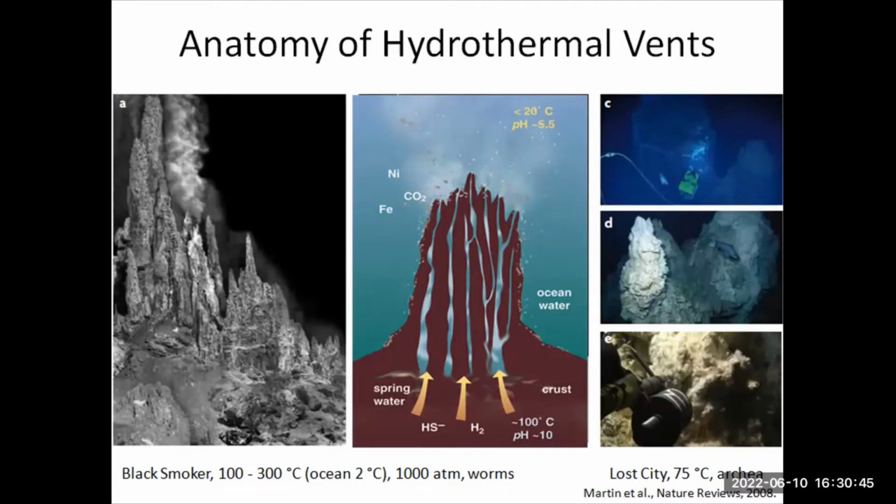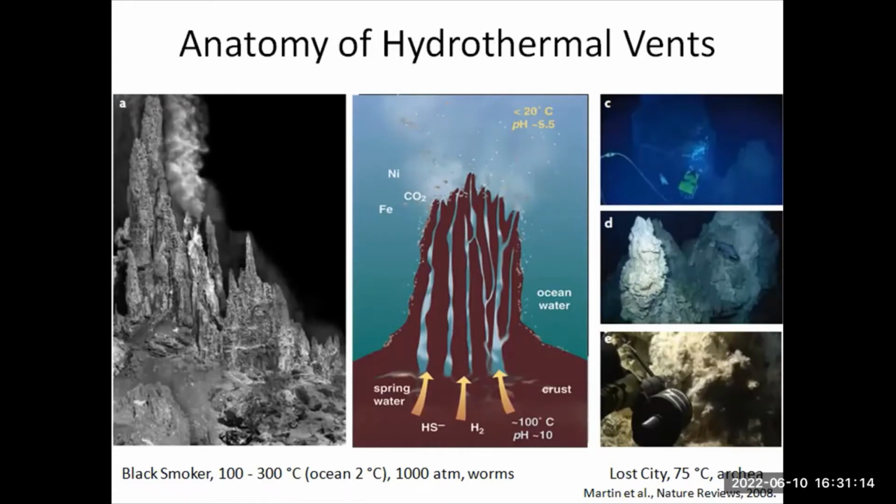And the other type is the lost city, but these have lower temperature, about 75 degrees centigrade. But around this, you can also find archaea, which are living off them. In fact, the black smokers also have a lot of animal life. For example, they mentioned in this photo here on the left that the rugosity, or the roughness, of these structures is because of worms.